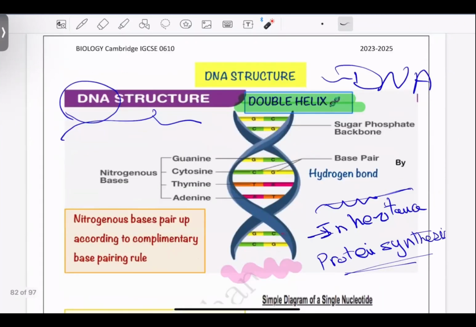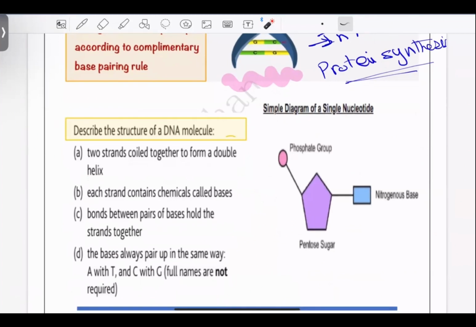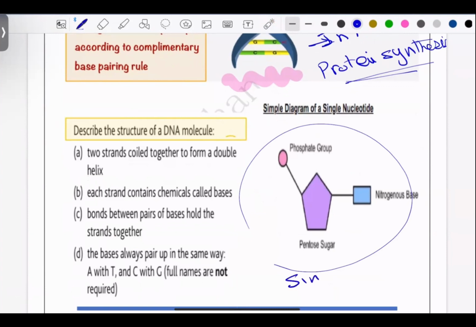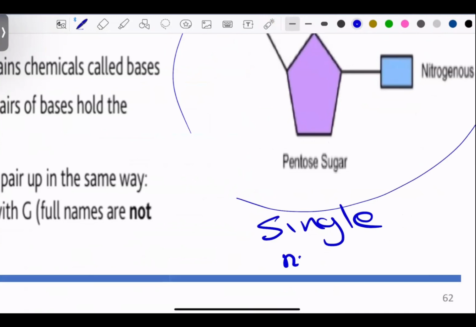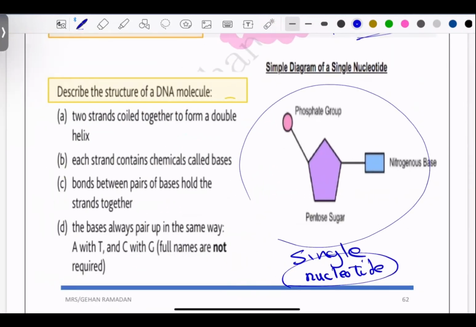What is the building unit, or the basic unit, for the DNA? We call it a single nucleotide. Okay, it's called nucleotide. The nucleotide is formed from what, girls?